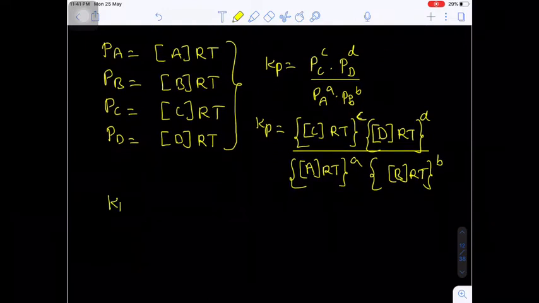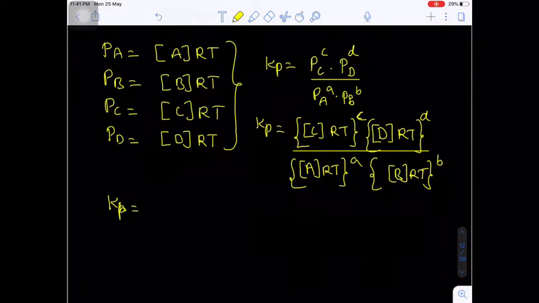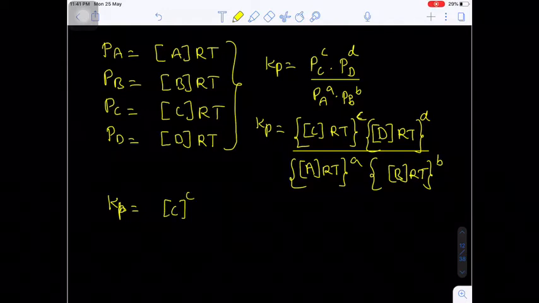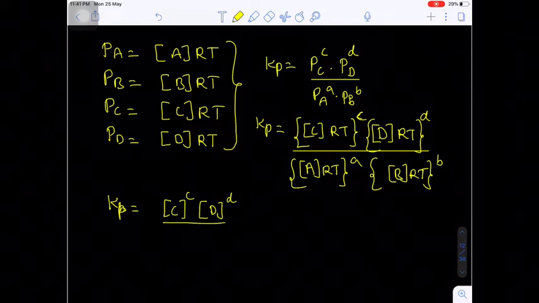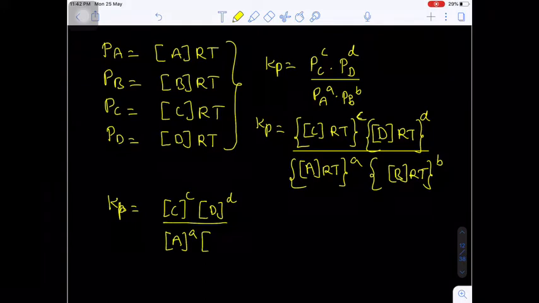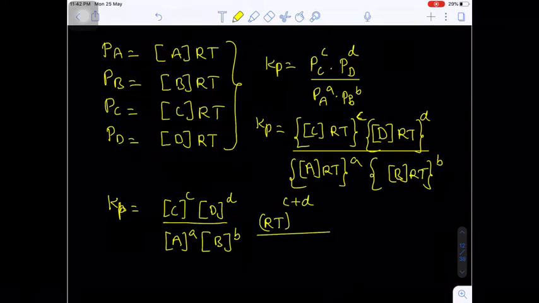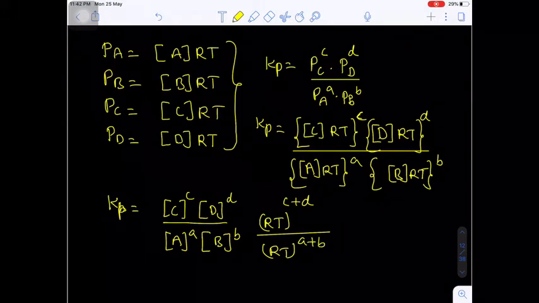Now from here I am writing Kp is equal to [C] to the power small c, [D] to the power small d, whole divided by [A] to the power small a into [B] to the power small b. The remaining, RT, is in the numerator to the power c plus d, whole divided by RT in the denominator to the power a plus b.